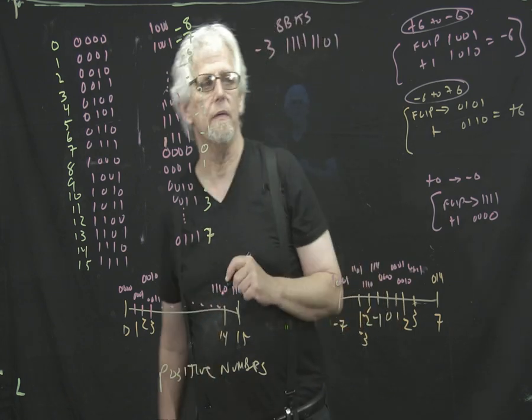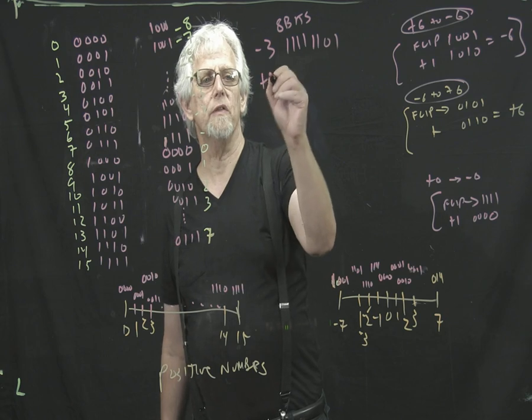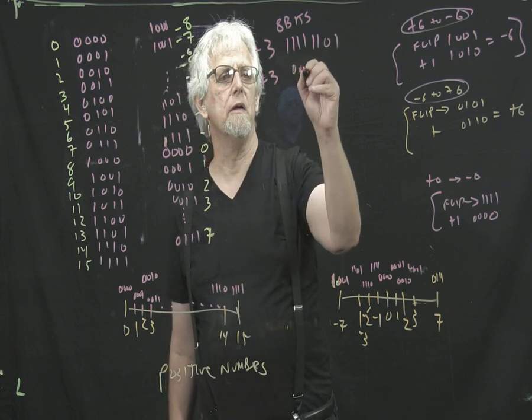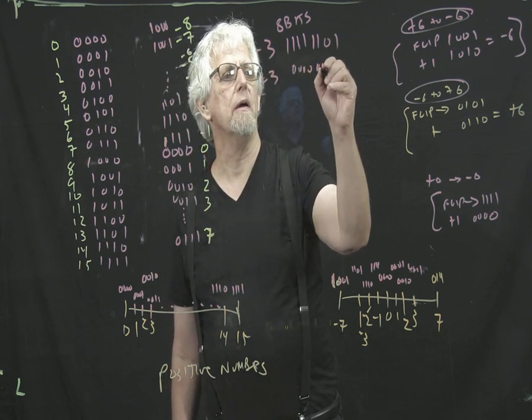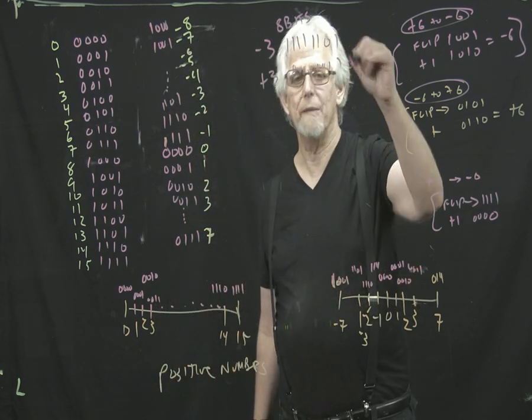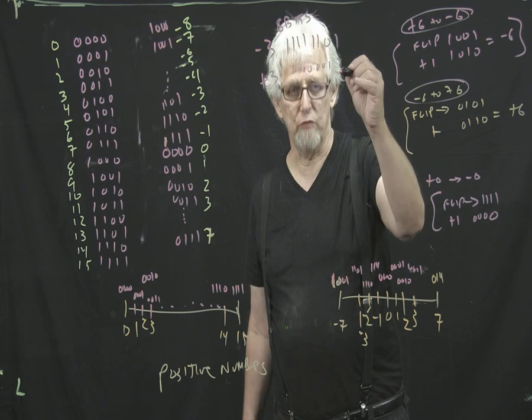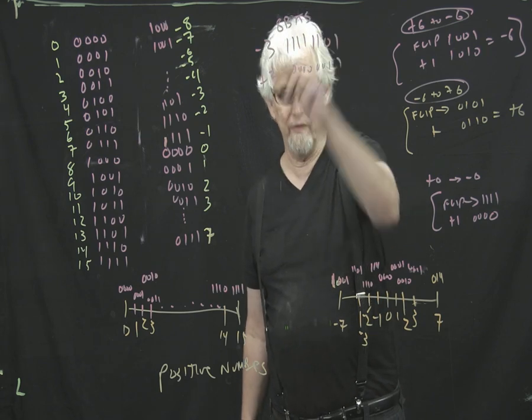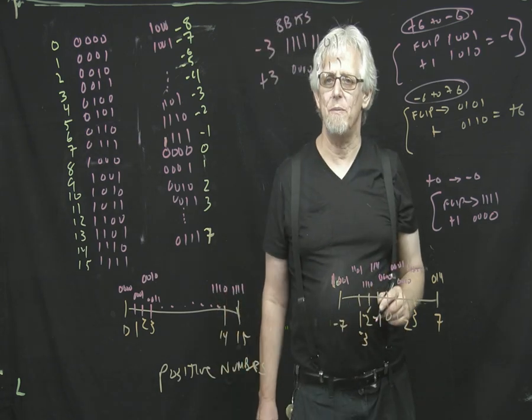That's a -3. And here's a +3. Okay, so if I add these up, I get my familiar 0. 1 + 1 is 2, 0 and 1 to carry, and then, okay. So, all right, so that's 8 bits.